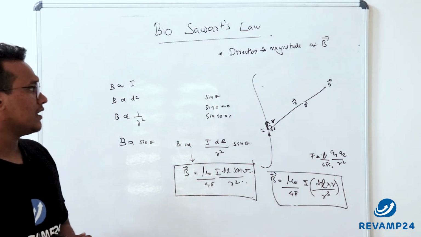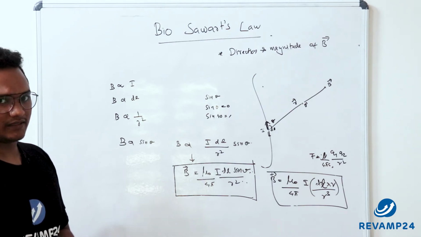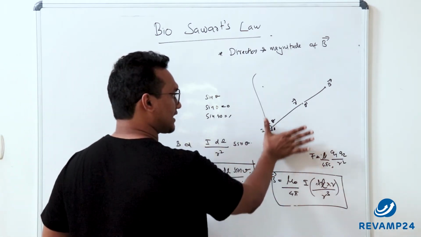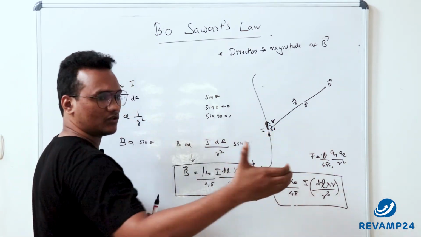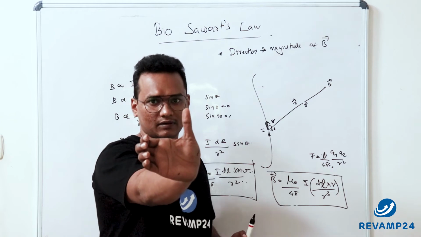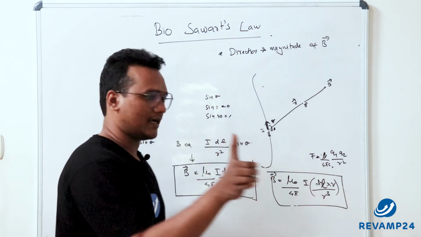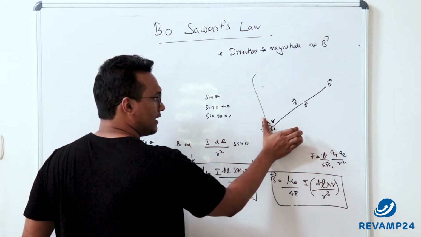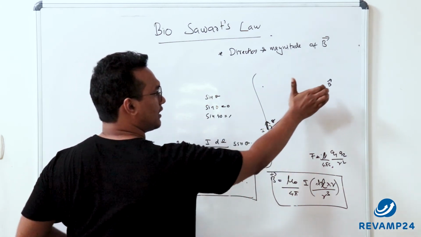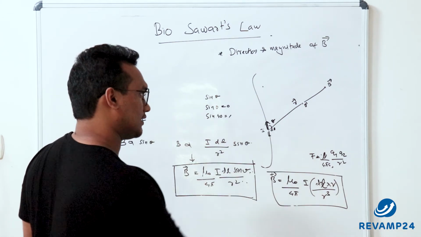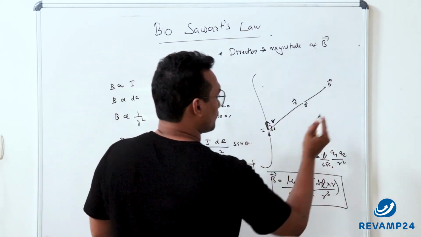Now, how to get the direction of the magnetic field here? I can apply the right hand thumb rule. Keep your thumb in the direction of current, palm in this way, just rotate it a little bit. So right hand in the direction of current, and keep this position at the point where you are finding the direction of magnetic field. So here it will be into the plane.